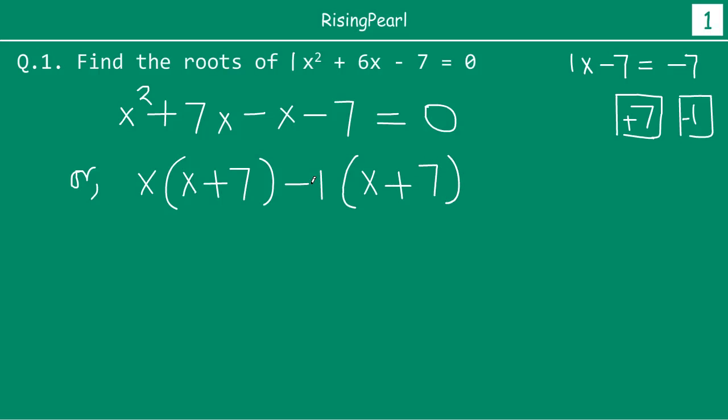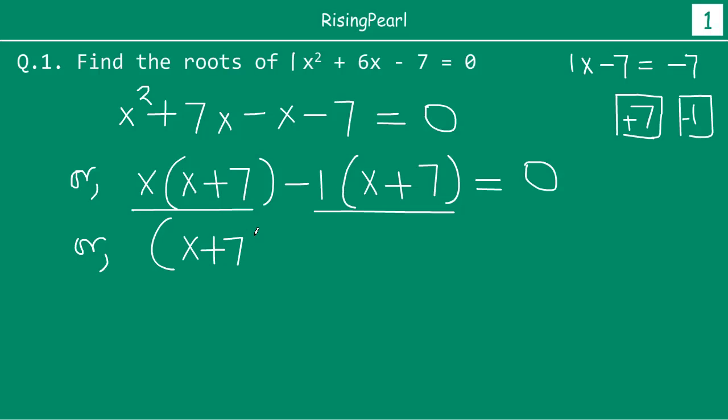Why is it plus? Because minus 1 times plus 7 is minus 7. Then between these we take x plus 7 common: x plus 7, times x minus 1, equal to 0.